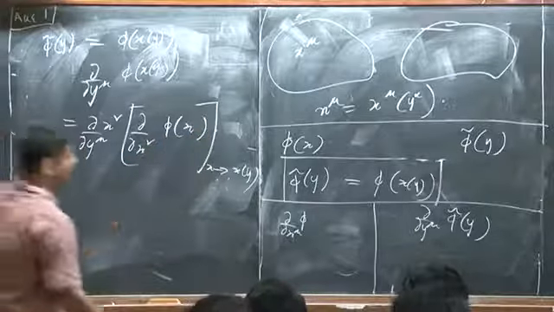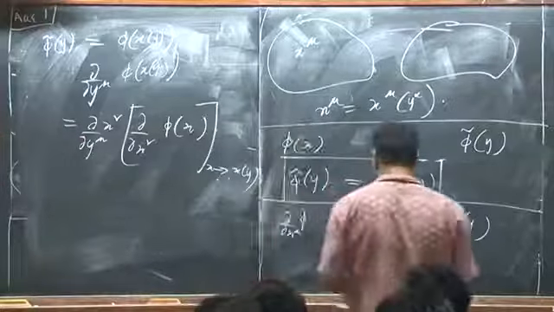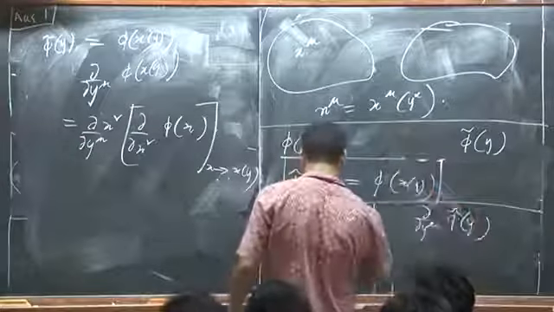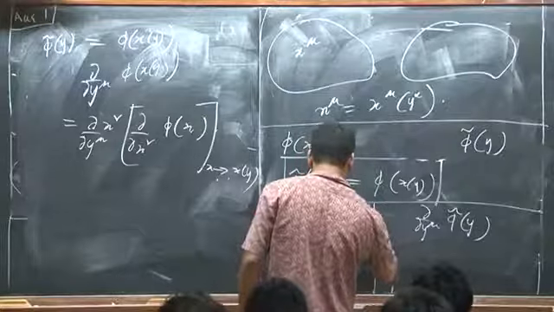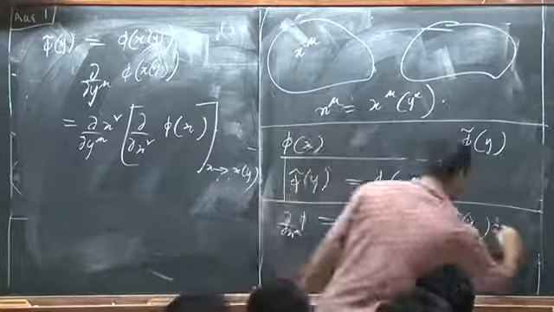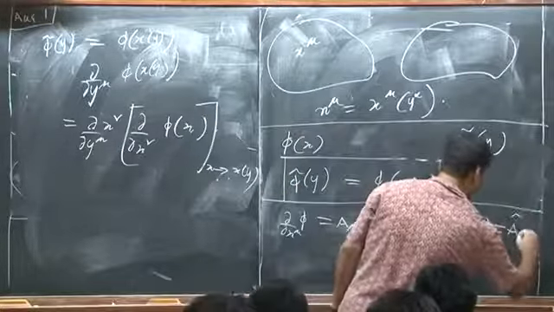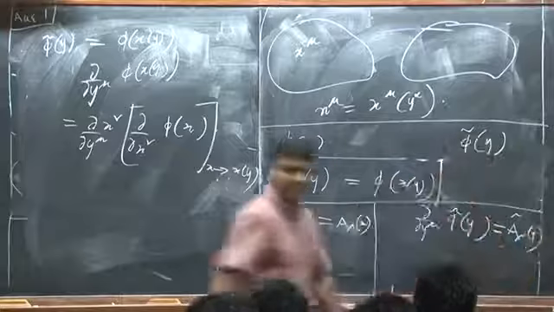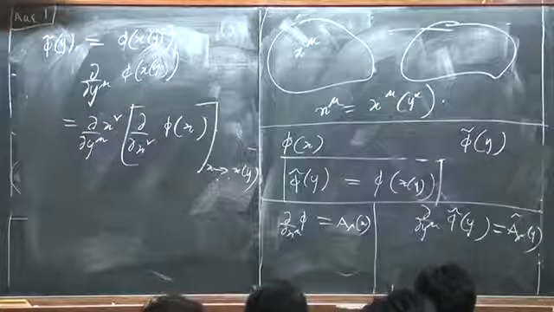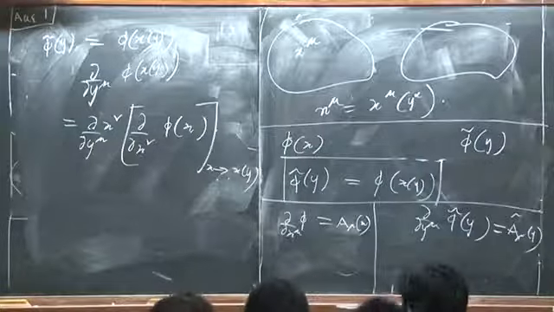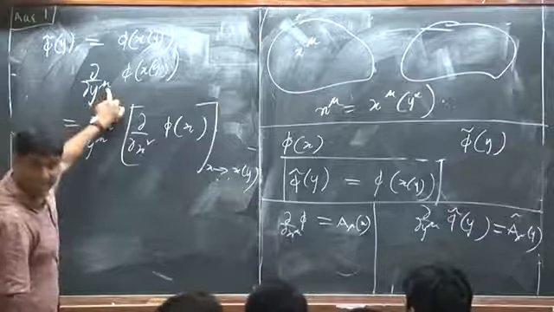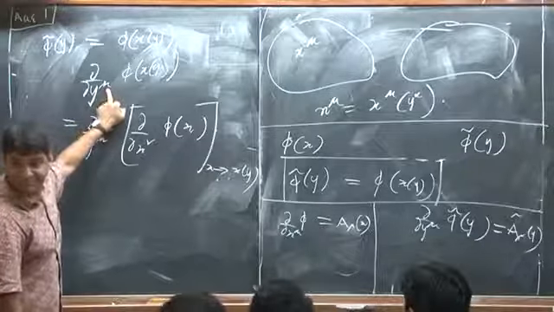Now, let me give this object a name. Let me call this object a mu of x. Let me call this object a tilde mu. This quantity here is a tilde mu of y.